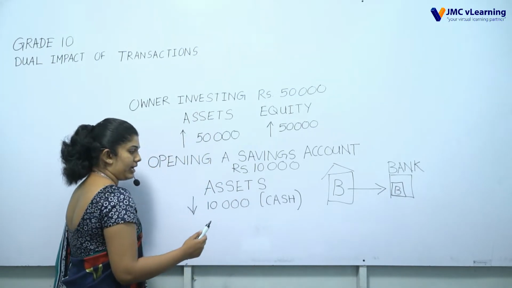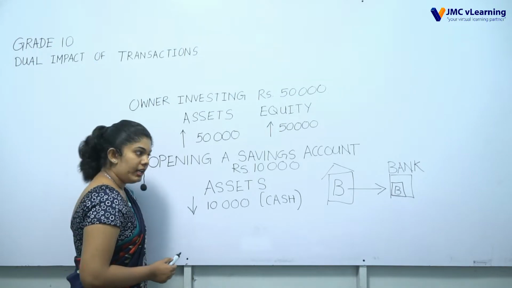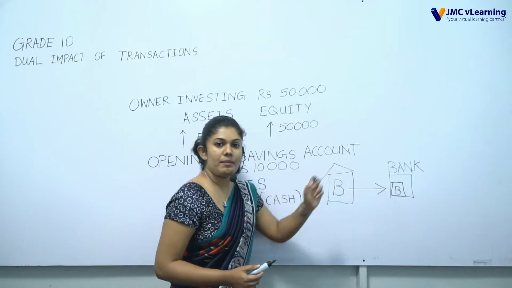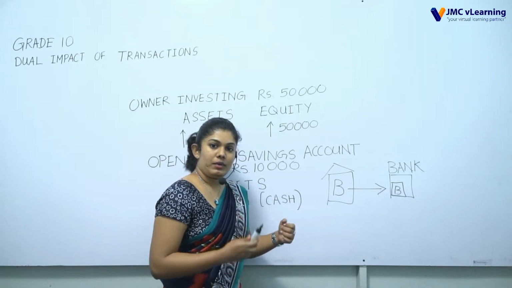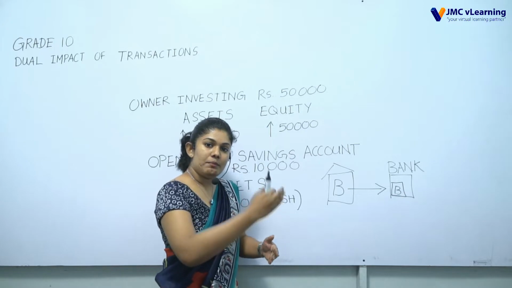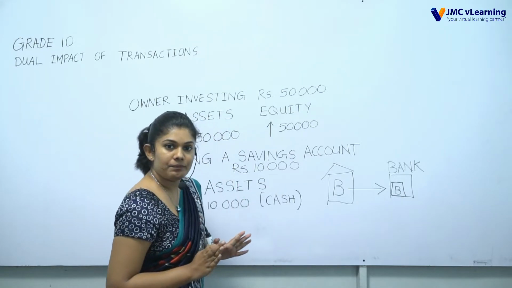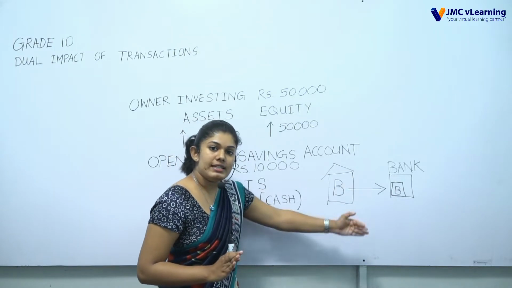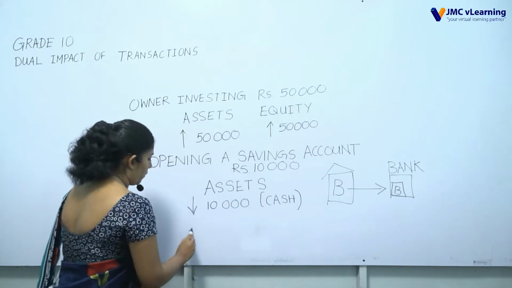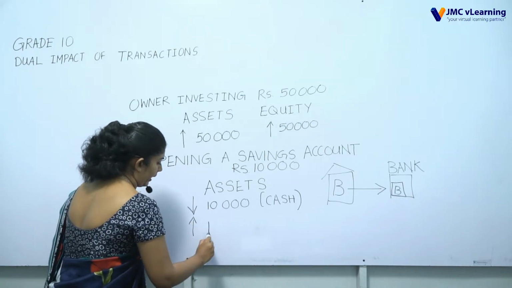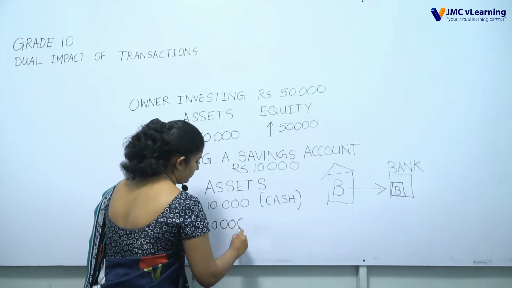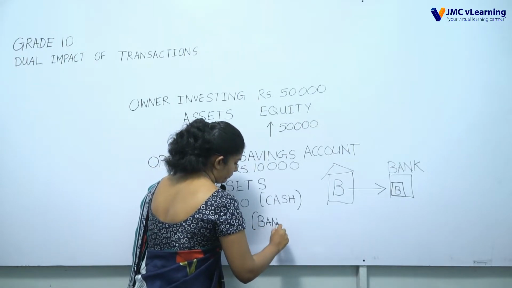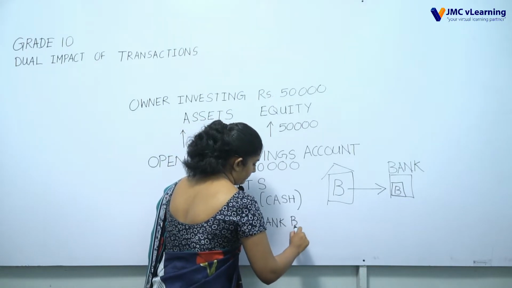Before we deposited this amount, we didn't have anything in the bank, zero. Because of this deposit, the balance increases. We had nothing at first, but with the deposit, the balance increased. So, increasing 10,000 bank balance.